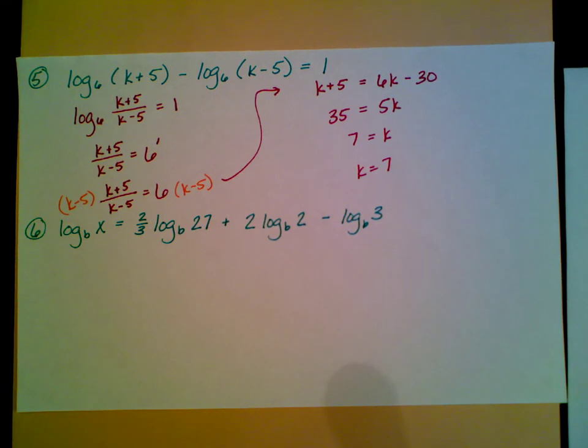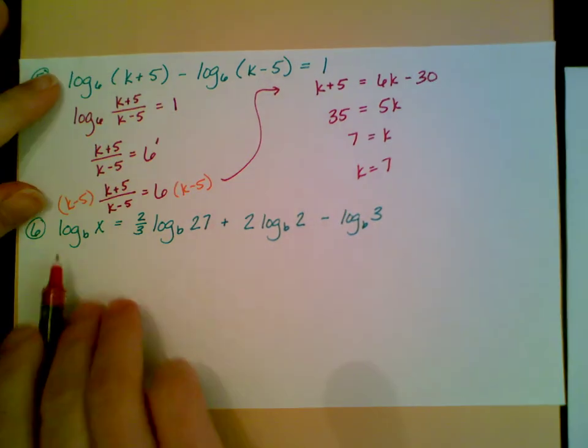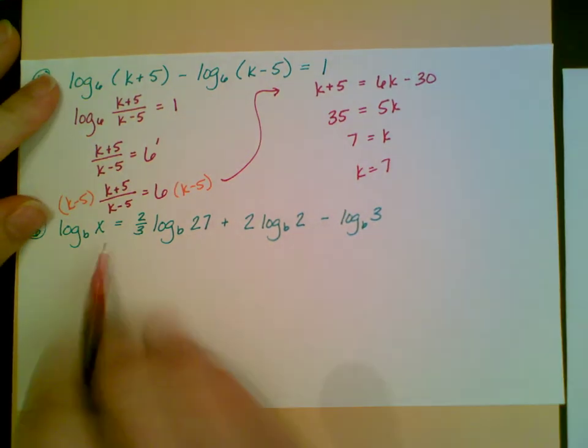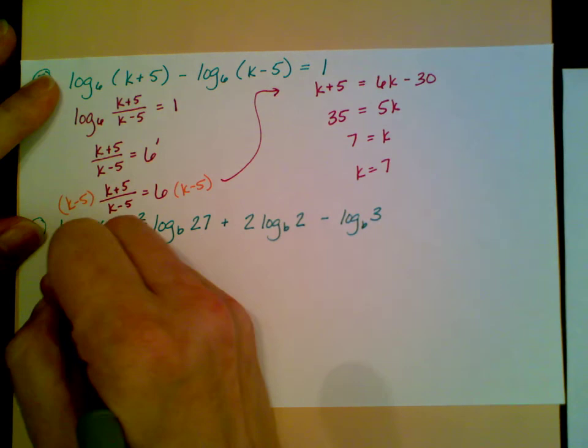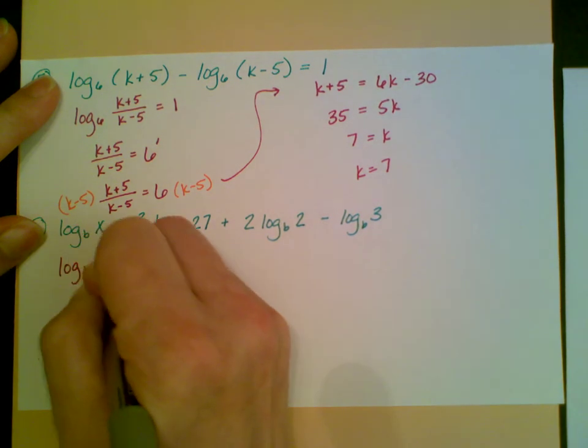I'm going to get it down to a single log on each side of the equation, and then I'm going to use property h on our logarithm properties list and say that if 2 logs with the same base are equal, then the inputs have to be equal. So my left-hand side is as simple as it gets, that log base b of x. So I'm just going to recopy that.